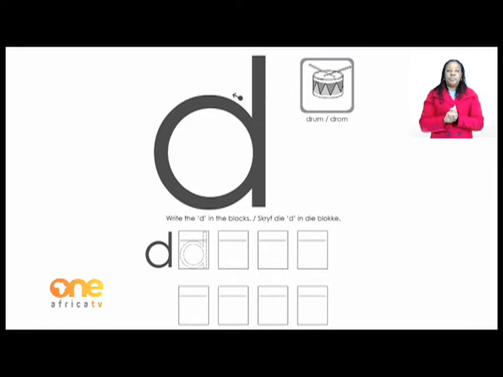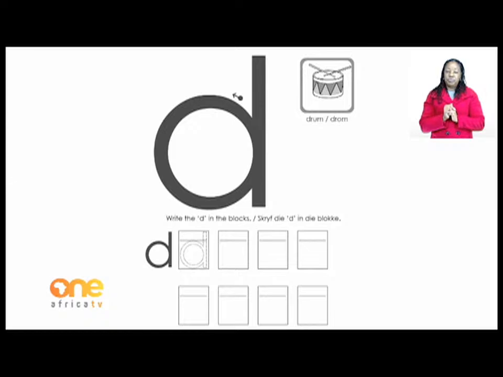So we go onto the line and let's go round to the left-hand side, around the duck's tummy, and up, up, up. And we go straight down all the way. So that is how we write letter D, as in drum, doll, dinosaur, dog, and all the other things that you can think of that begin with letter D.